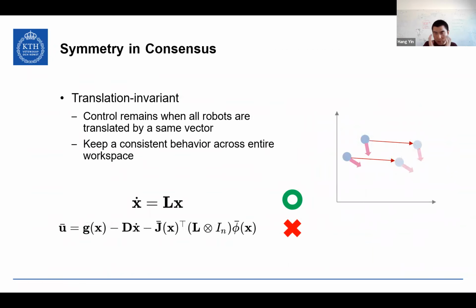Another critical thing I would like to emphasize is that symmetry becomes important. Imagine that I want my robots to keep an invariant behavior with respect to the inter-distance of the robots. When the robots behave like this, and we move the entire team to new positions, it makes sense that they should behave similarly, right?